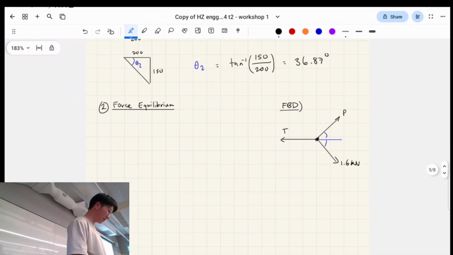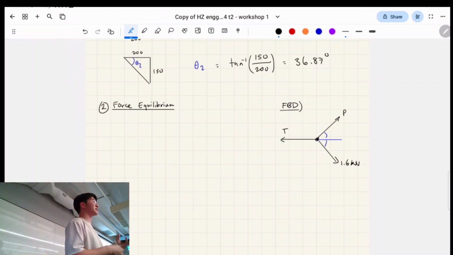Okay, so next we're going to do the force equilibrium. So Newton's third law is the free body diagram law, and I'm just going to briefly explain that now. Basically, if we're analyzing some sort of physics system, technically there's a pull from the moon and the sun and whatever, like gravitational pull, but it's negligible, right? So there has to be some sort of cap that you put on your system to analyze it.